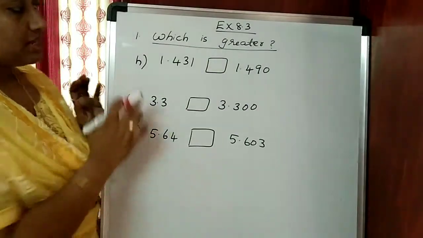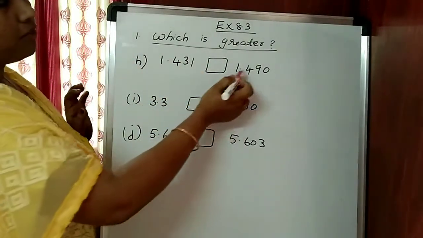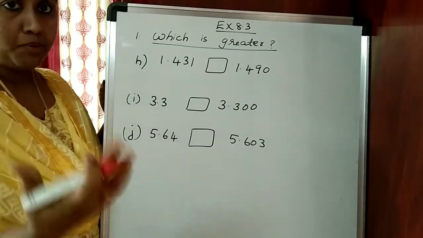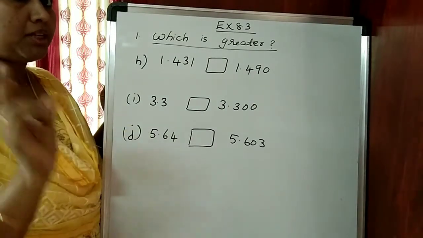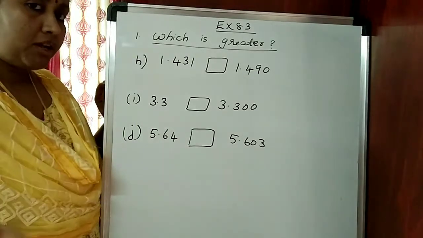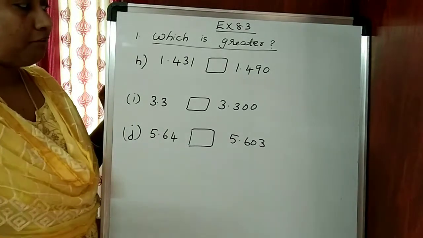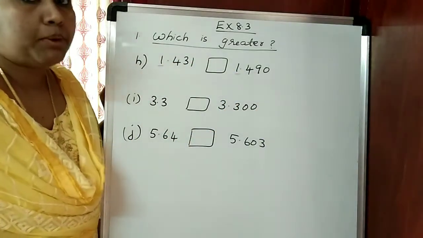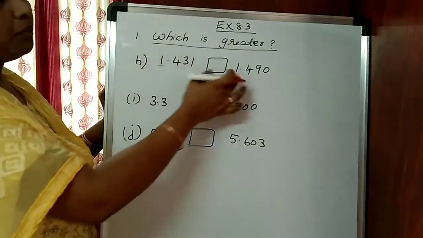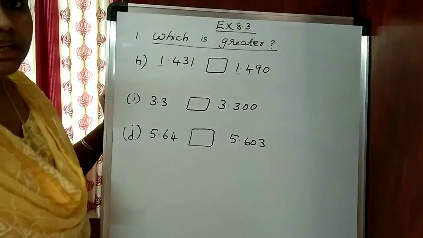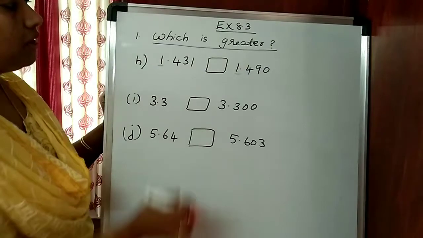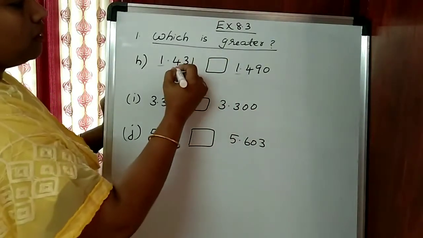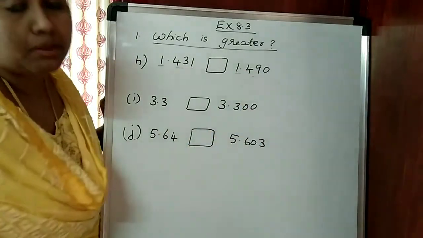Question number H, 1.431 and 1.490. What is the first step? Same rule. When we compare two decimal numbers, there is the same step 1, step 2. Both are the same rules in every question. That means first you compare the whole number part. When we compare the whole number part, both are same. Then what is our next step? If the whole number parts are same, then next step, take the decimal part.